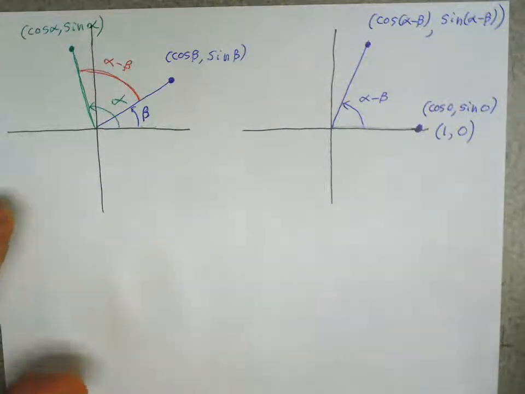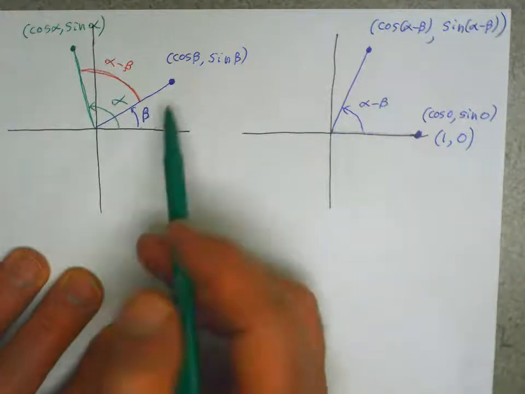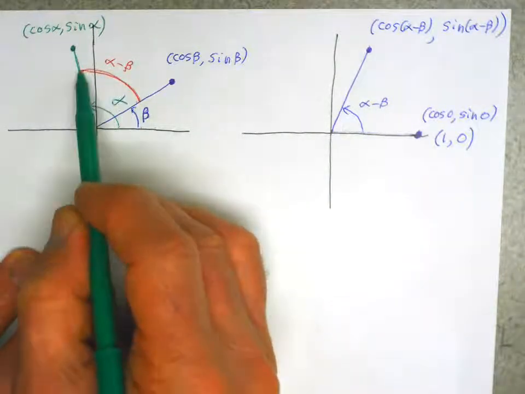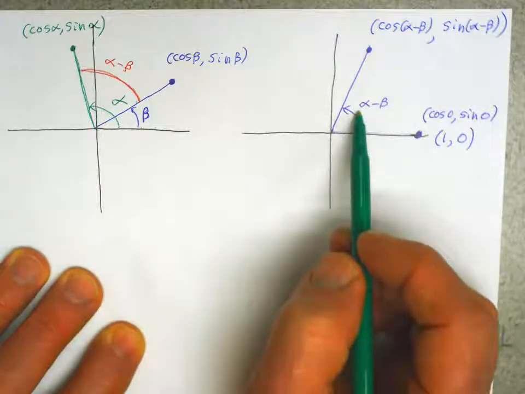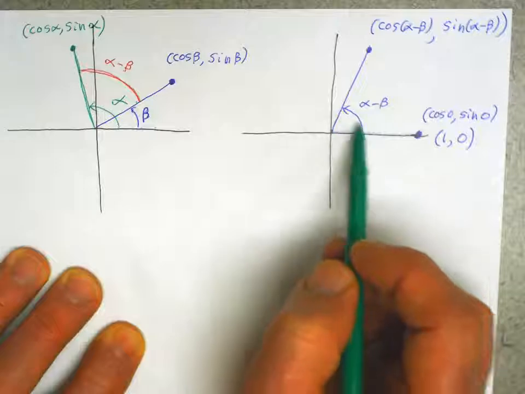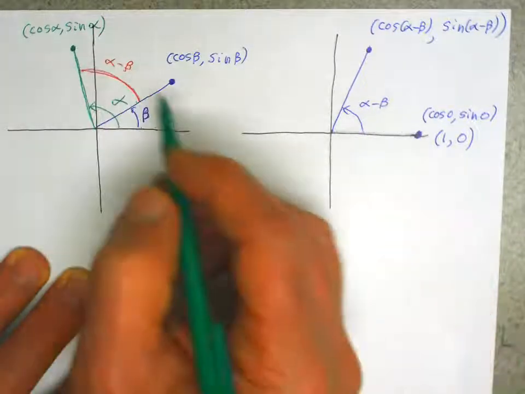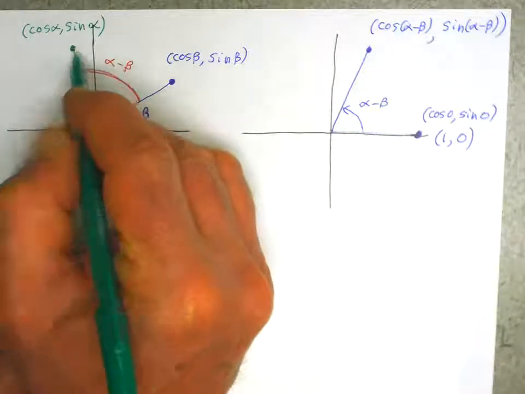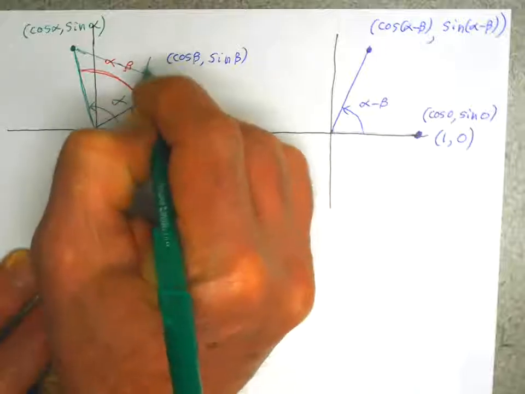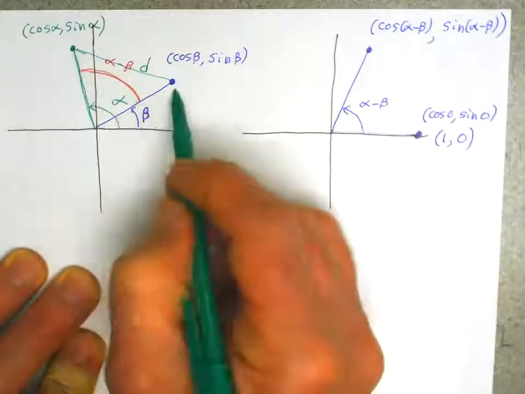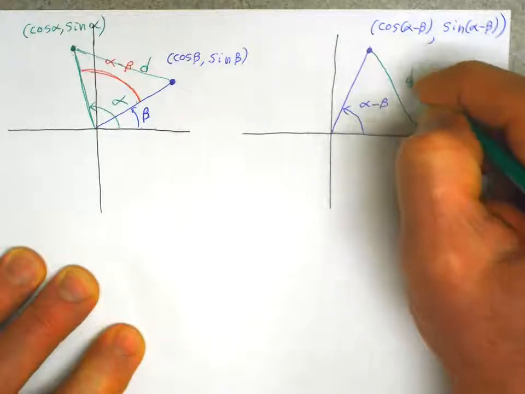Okay, so the idea is since this angle alpha minus beta equals this same angle alpha minus beta, just that this one over here is in standard position, then it should be the case that the distance from this point to that point should be the same as the distance from this point to that point.